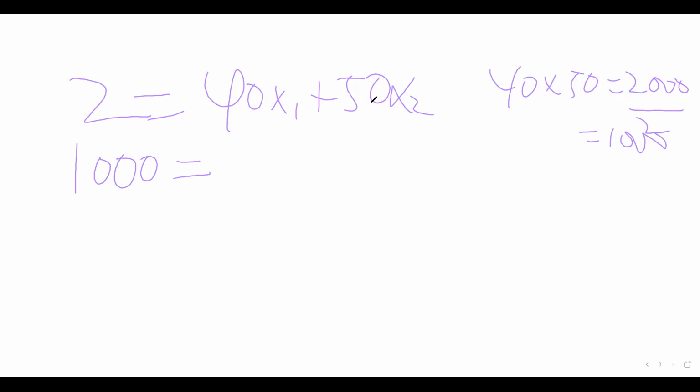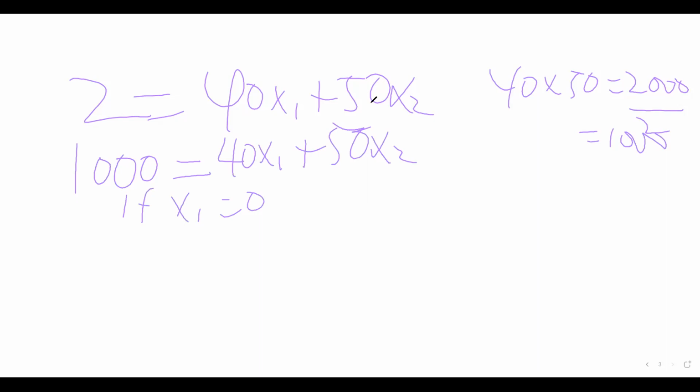So you write 1,000 equals 40x1 plus 50x2. And then you ask yourself, if x1 is 0, what is x2? So here, if x1 is 0, x2 will be 1,000 divided by 50. And 1,000 divided by 50, you can take your calculator and find the answer to be 20.